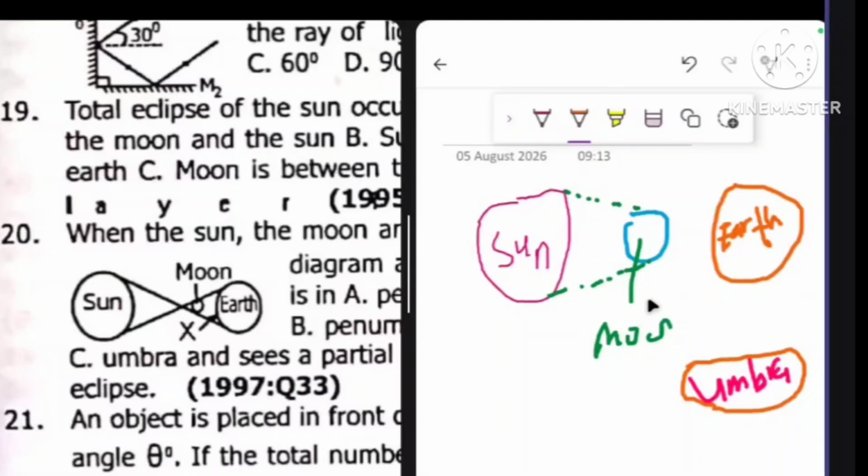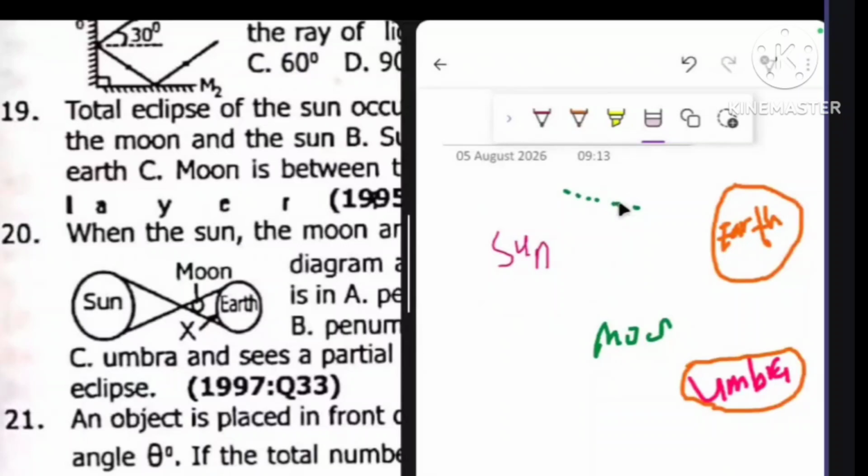What exactly? Sir, I don't understand the drawing. I didn't hear what you said. The drawing, my drawing or the one here? The question. The one in the question.